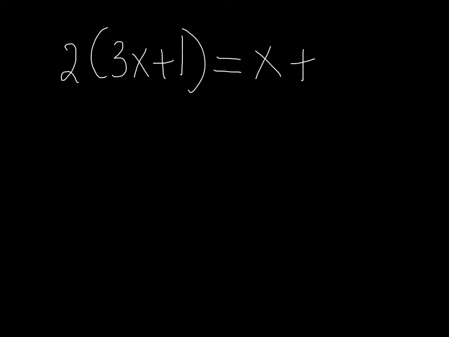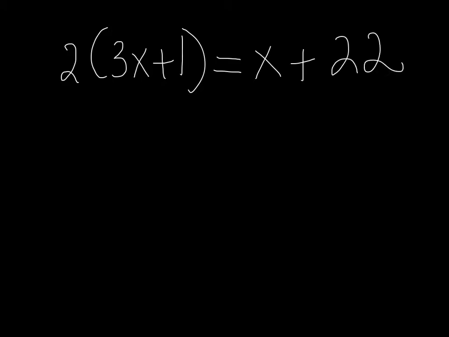Okay, the next new kind of problem we learned was when there is a number outside of the parentheses. For example, you might have 2 times (3x plus 1) equals x plus 22.